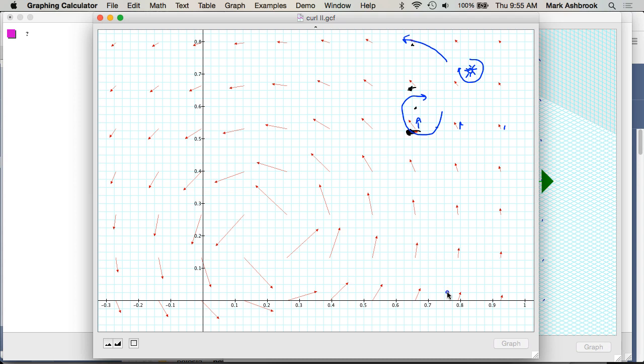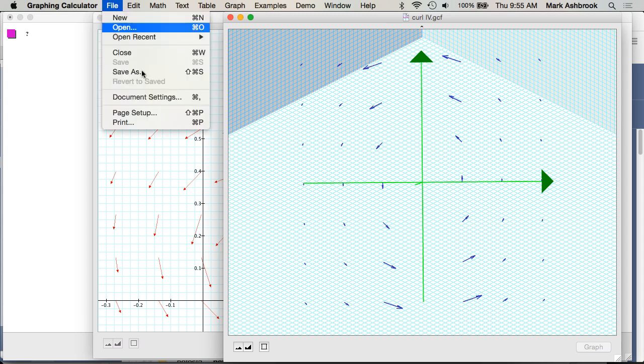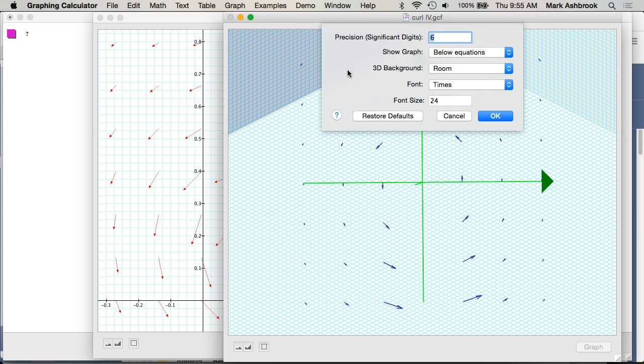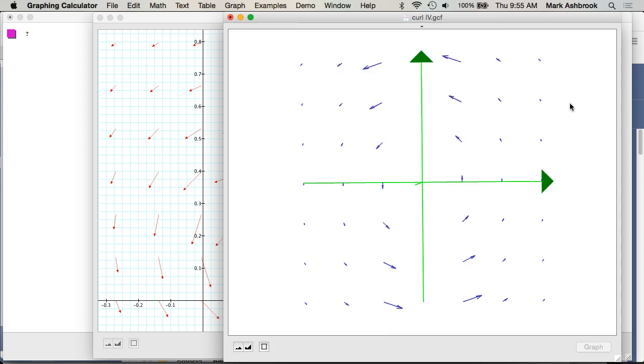All right, another example. What about this one? What's the curl?